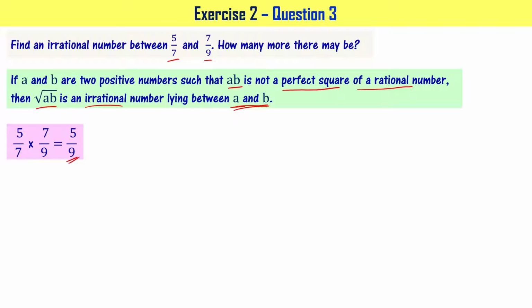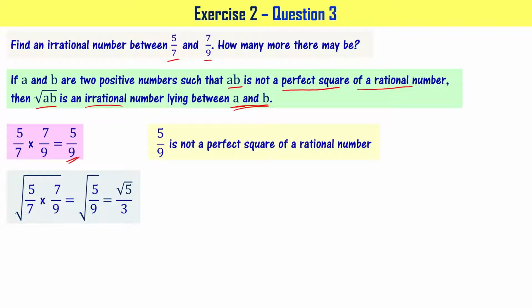For that reason, 5 by 9 is not a perfect square of a rational number, right? Since 5 by 9 is not a perfect square of a rational number, I can say that square root of 5 by 9 is an irrational number lying between 5 by 7 and 7 by 9, right?